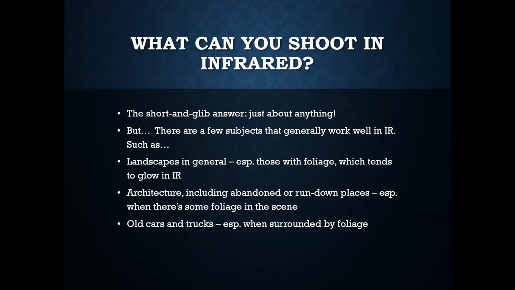First of all, landscapes, especially those with foliage. As I said, it tends to glow in infrared. Architecture, and that's a broad topic. It includes abandoned or run down homes and other buildings, as well as those that are in good shape and continually used, and having some foliage in the scene also is a good thing. If you came to the Camera Club meeting last month, you saw some examples of that from Jim Haas.